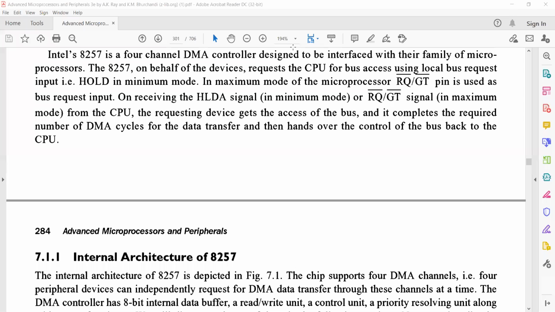So now we will see what the different signals are that we need to initiate this DMA controller.